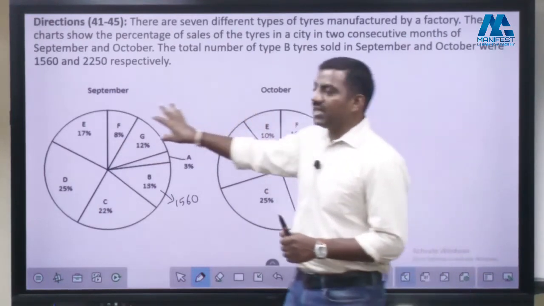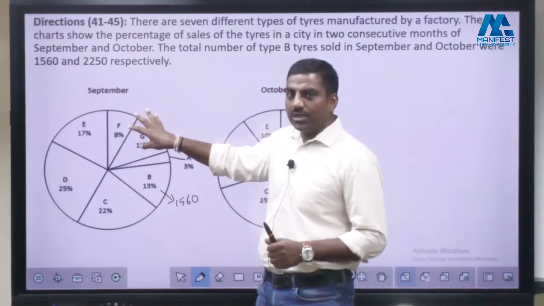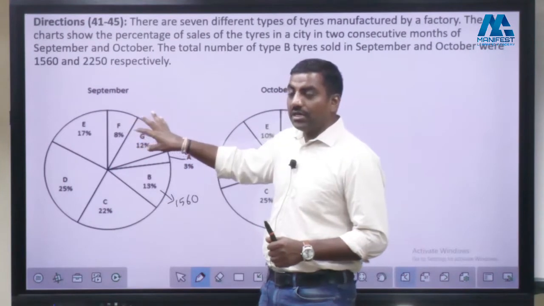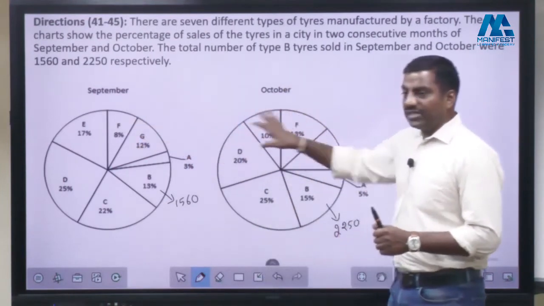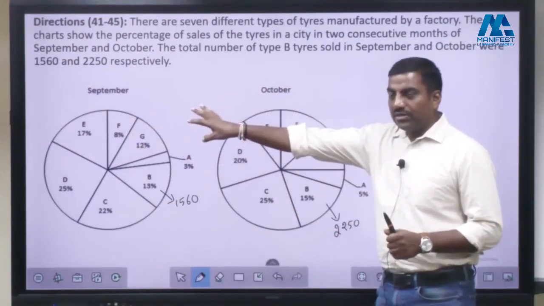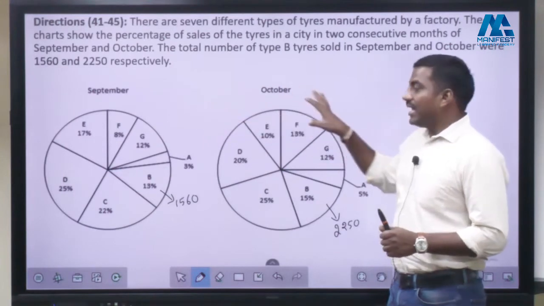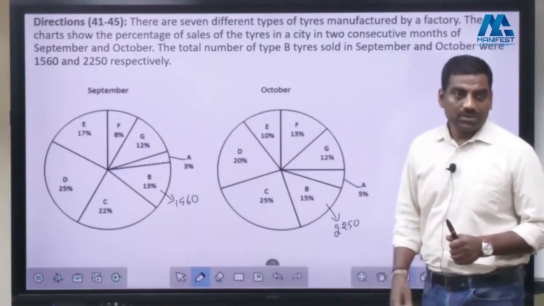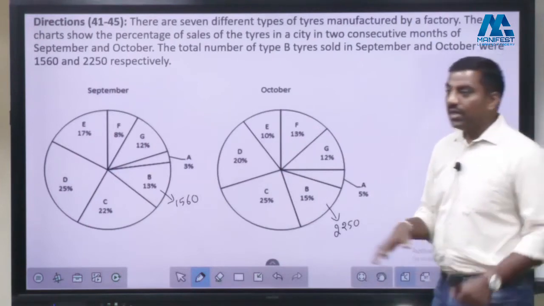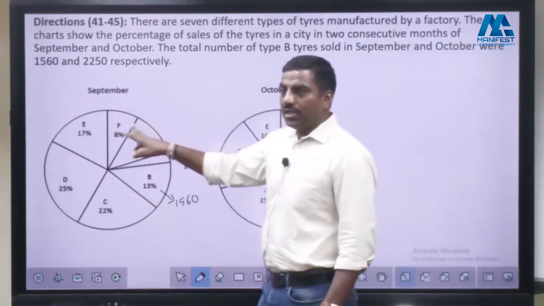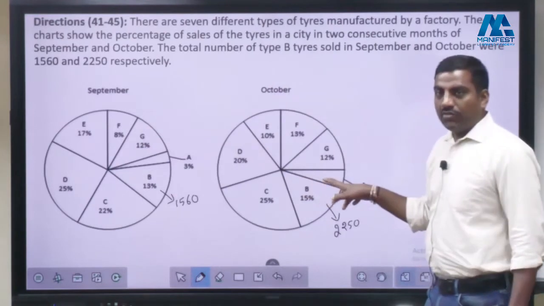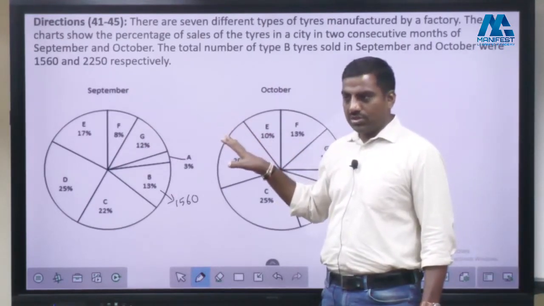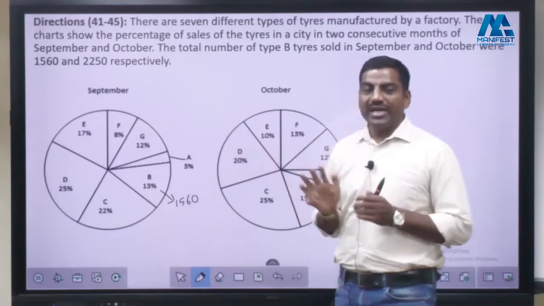But when you calculate the absolute number, the difference of these 2 types and any 2 types here should be the maximum. Getting my point? You have to select 2 types here and 2 types here. When you take the difference between their absolute number of production, the difference has to be the maximum.